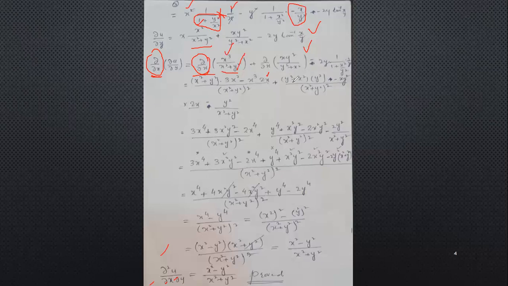According to the formula here we get y plus x square into y square minus x into y square into 2x, and v the same, y square plus x square. The derivative of this term with respect to x we get y square.